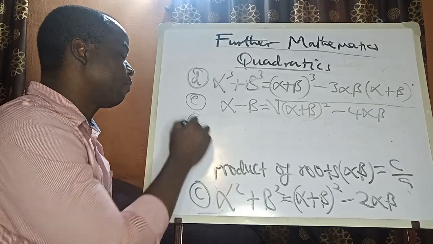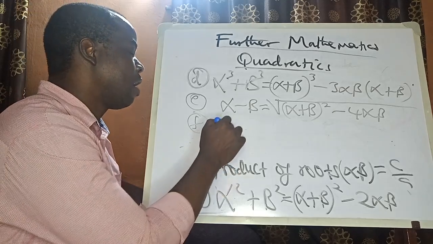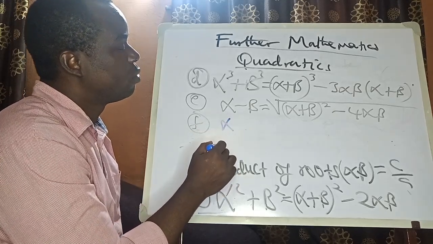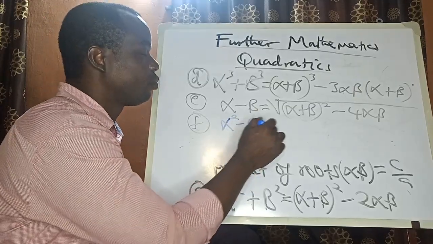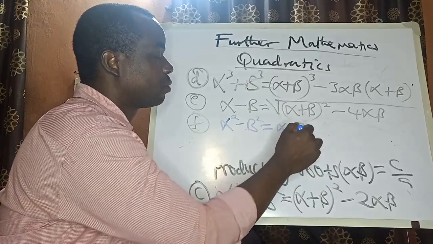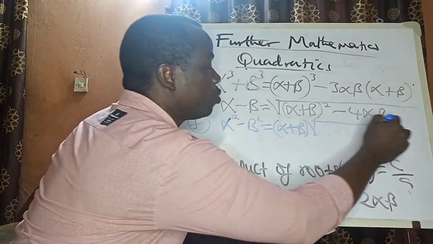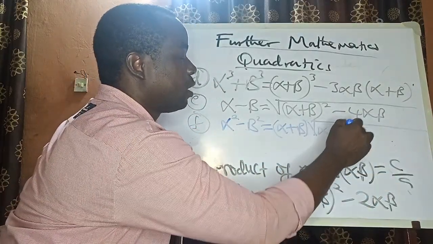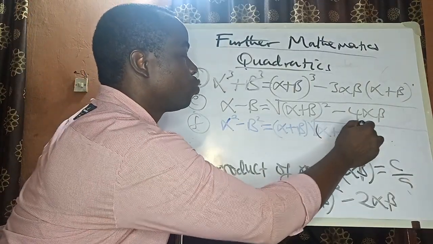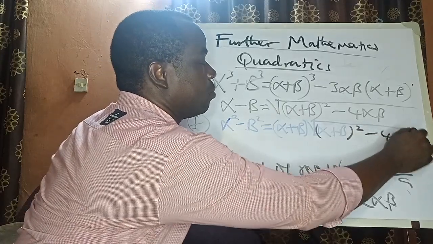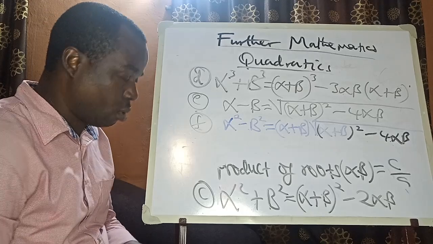Then we have formula F, alpha squared minus beta squared is equal to alpha plus beta times square root of alpha plus beta all squared minus 4 alpha beta. I hope this is visible. Make a copy of the formulas.